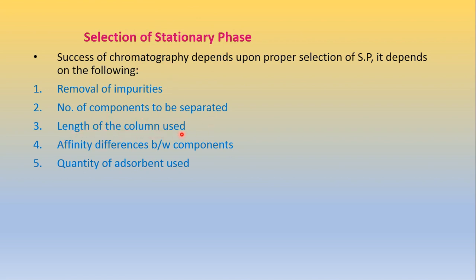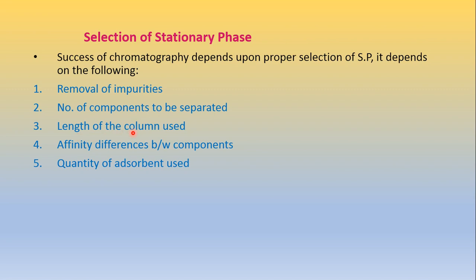Now length of the column used. How do we define which type of column we will apply, meaning short column, long column or wide column? That actually depends on the amount of our sample. If our sample amount is high, then the length of the column should be high.